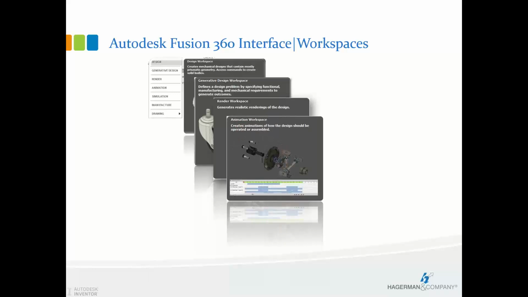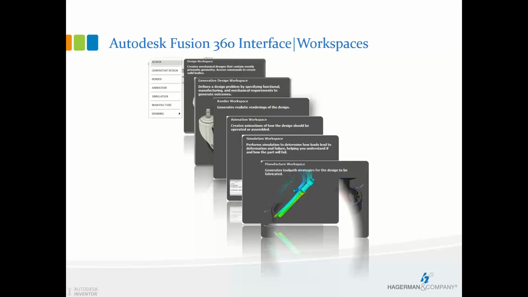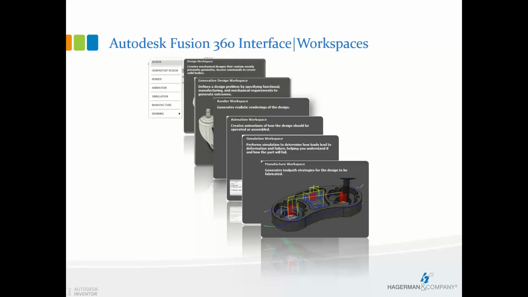There's also an animation workspace where we can create those exploded views or additional animations that we can use for presentations. There is a simulation workspace where we can look at a number of different design scenarios and simulation scenarios, as well as the manufacturing workspace, all built right within the software. It's not adding extra tools. It's not necessarily installing extra tools. We have all of these different abilities right within the software.